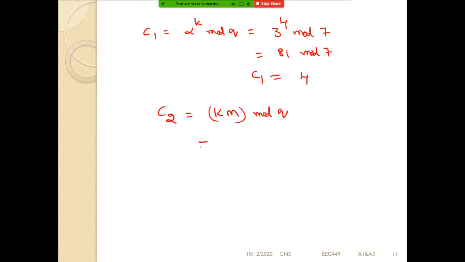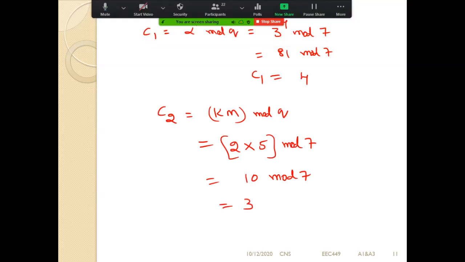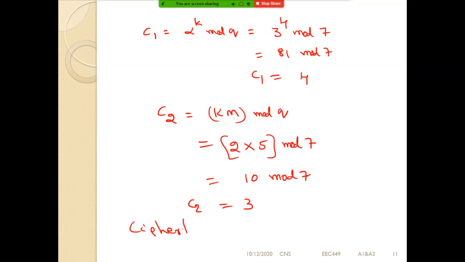Capital K is 2, M is 5, mod 7. So 10 mod 7 is 3. So the ciphertext is 4 comma 3. We cannot say C2 alone or C1 alone is the ciphertext, so combinedly 4 comma 3 is the ciphertext. This is generated by Bob.